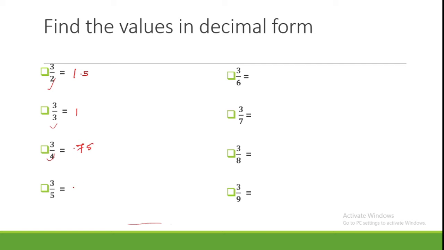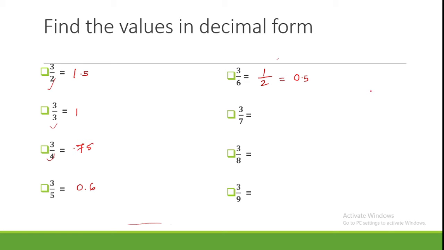Now, what about 3 by 5? Yes, calculate. It is 0.6. What about 3 by 6? 3 by 6 is nothing but 1 by 2. So, it is 0.5.